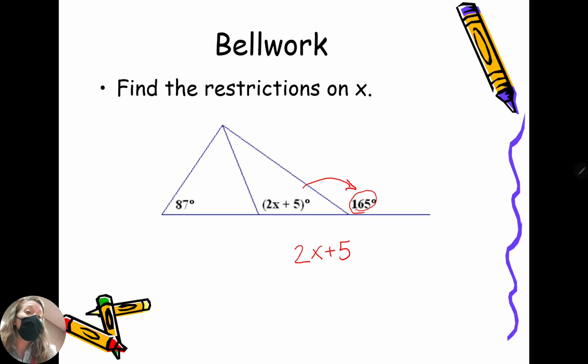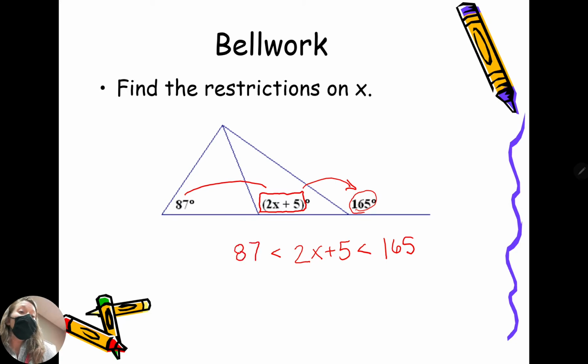Interior remote less than exterior. However, this is an exterior angle to this remote interior angle, so this has to be greater than 87, right?